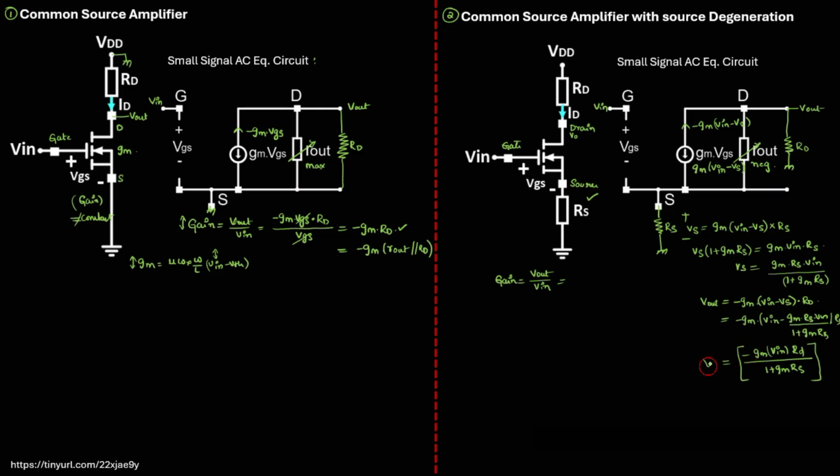So this is nothing but V output, and you got V output in terms of V input. If you bring V output by V input, you get minus GM times RD by 1 plus GM times RS.